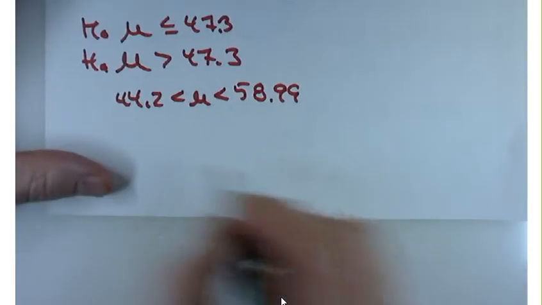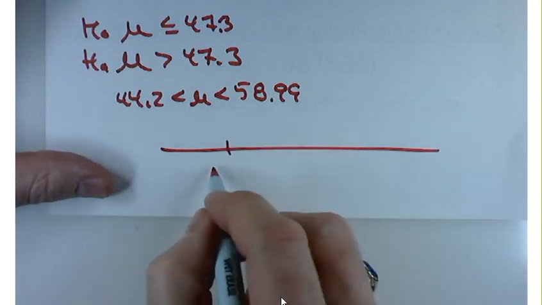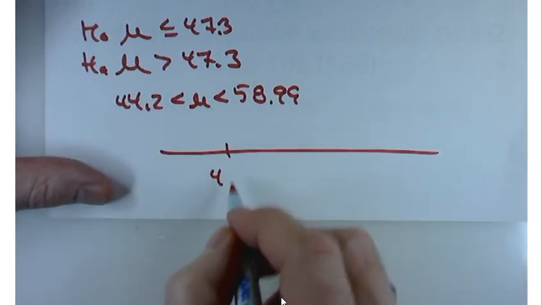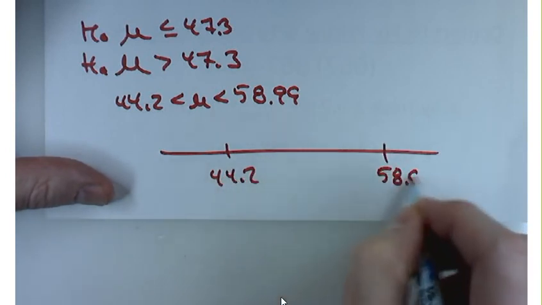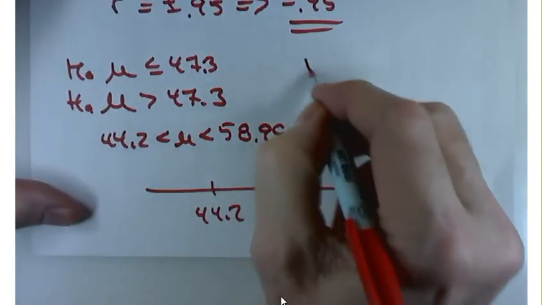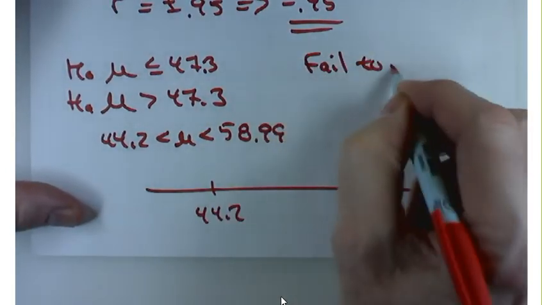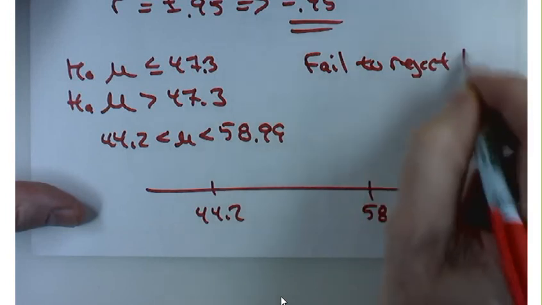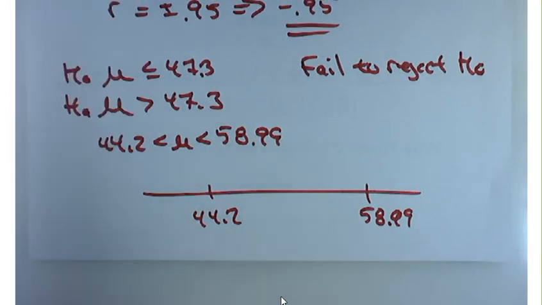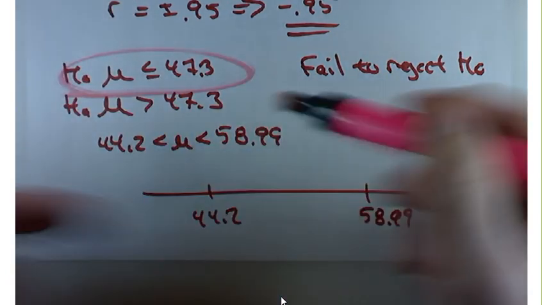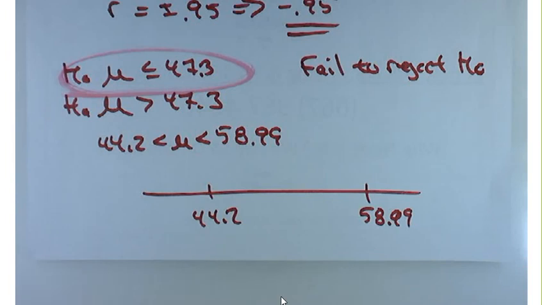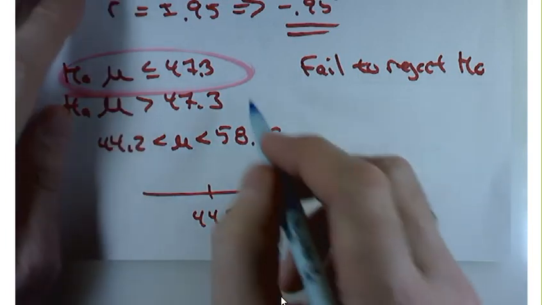But the next one asks you, does this confidence interval match our conclusion? Now, your conclusion when you did the above hypothesis test was to fail to reject H naught. So you didn't reject it. This is what we believe is true. Does this match your confidence interval? Now, some of you got a little bit tongue-tied with the number 0. That's when you have two populations. We only have one population. Okay?